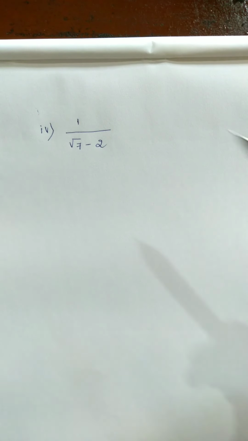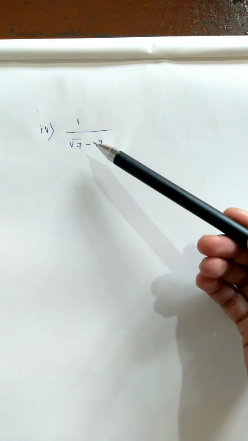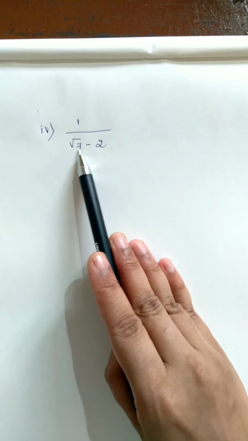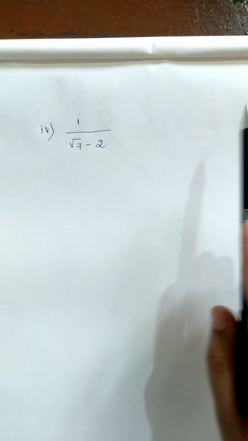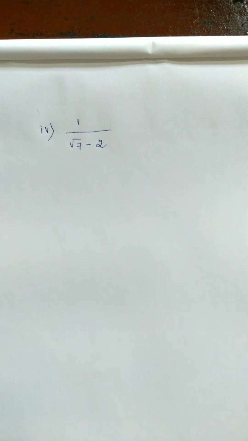Now we have the fourth problem, that is 1 by root 7 minus 2. So using the rationalizing the denominator concept, multiply and divide both the numerator and denominator by the opposite sign of the denominator. We have in the denominator root 7 minus 2, so now it will be root 7 plus 2.